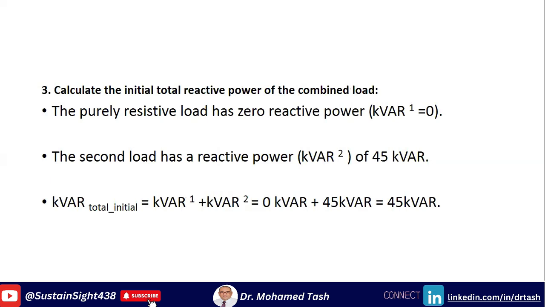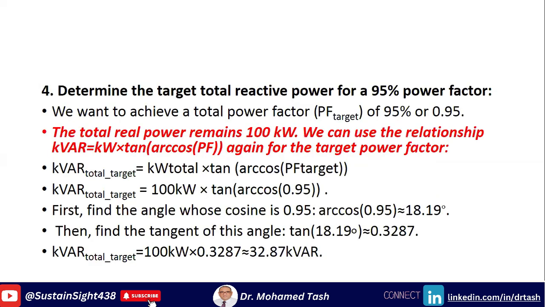Then we will calculate the initial total reactive power for the combined load. The purely resistive load has zero reactive power, and the second load, as we calculated just now, has a reactive power of 45 kVAR. So the initial kVAR equals 0 plus 45, which is 45 kVAR.